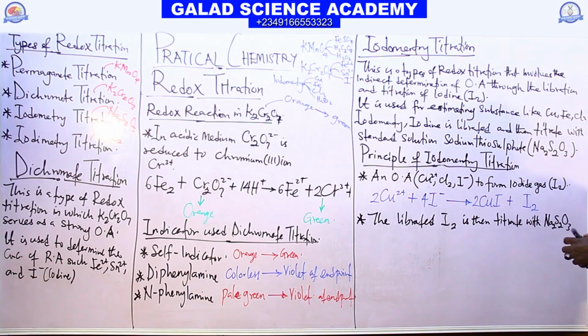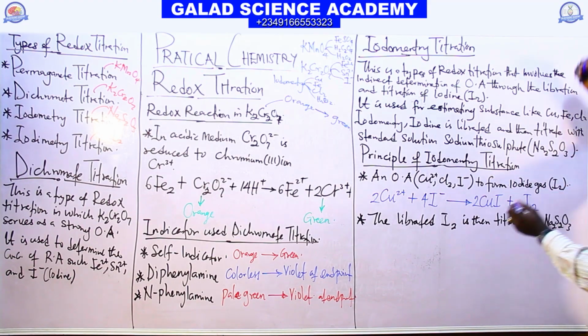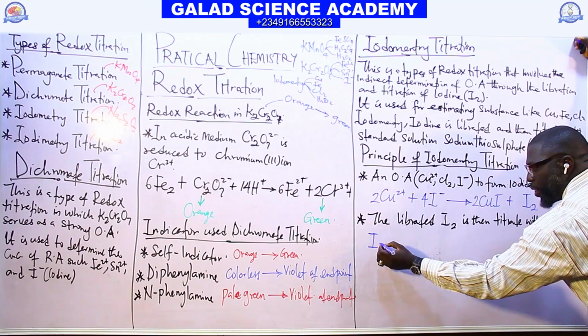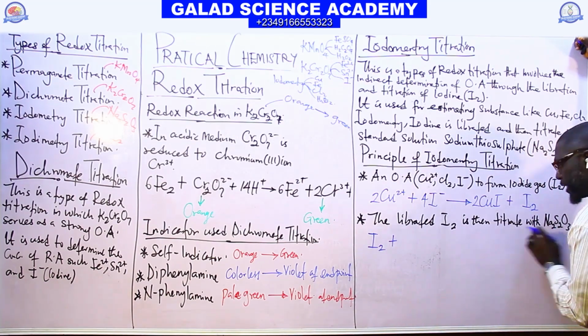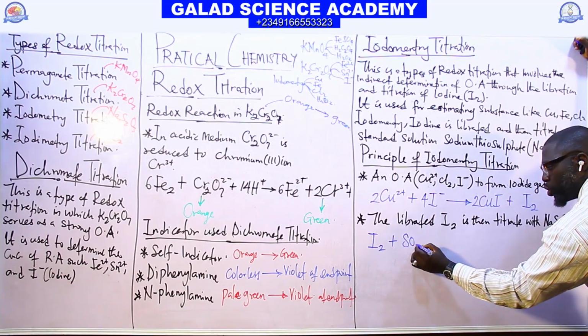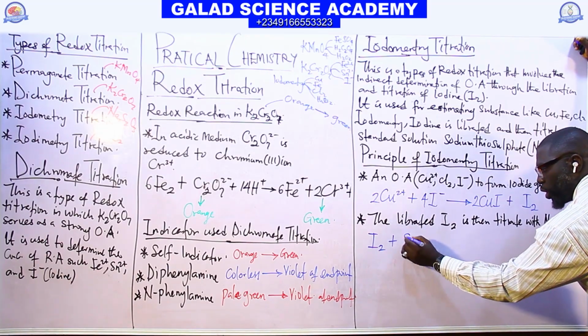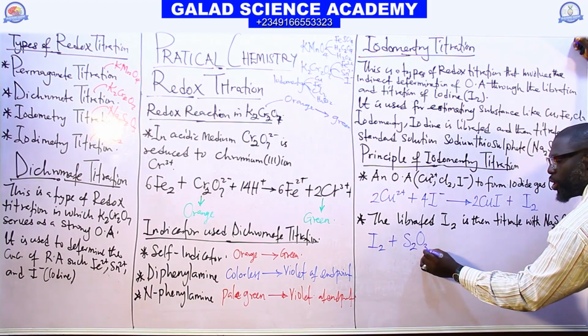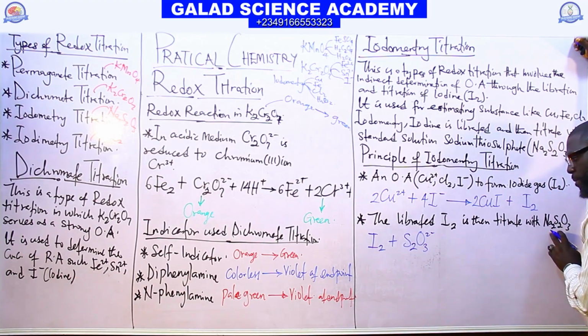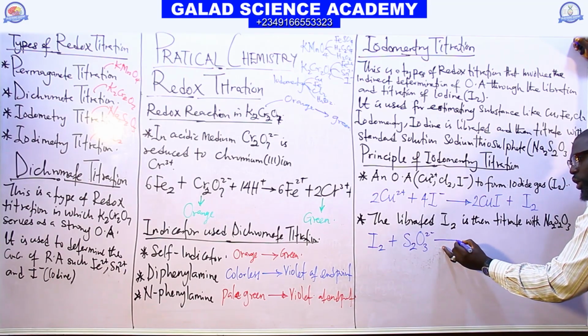By doing that, we have iodine, I2, reacting with sodium thiosulfate. This one will be Na+ 2 sodium and thiosulfate S2O3 2 minus.